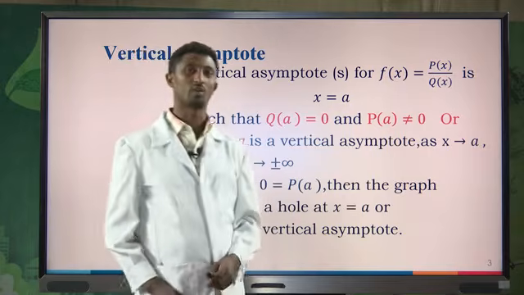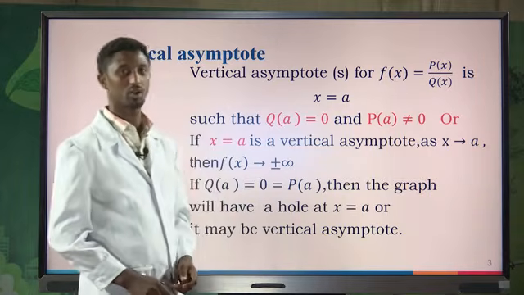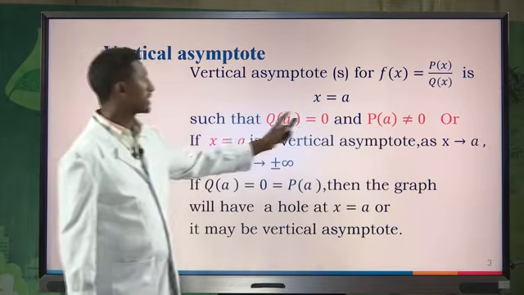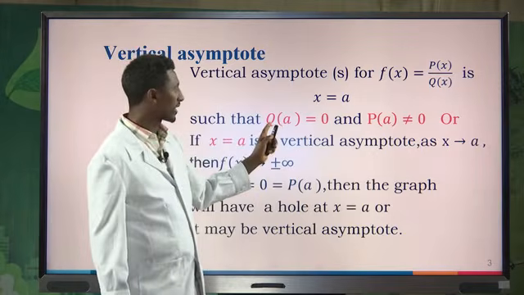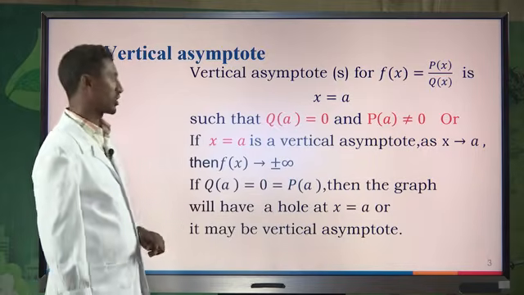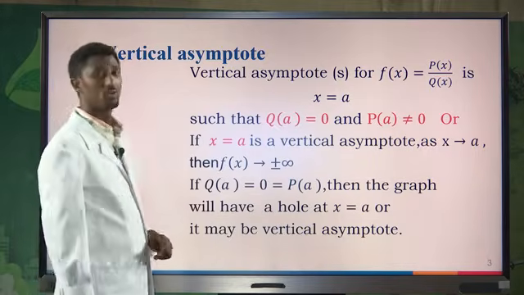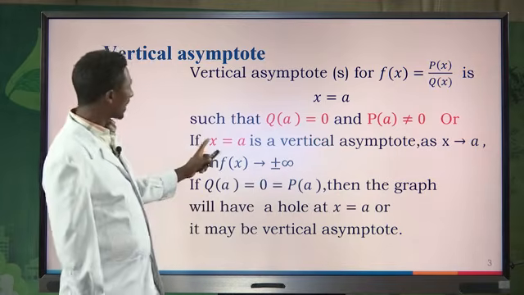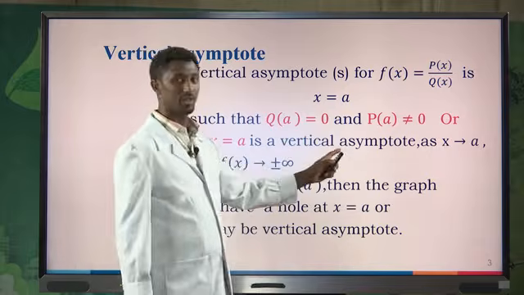Meaning, for x equals a to be a vertical asymptote of a rational function, p of x must be different from 0 and q of x must necessarily equal 0. If it satisfies this condition, the line x equals a is what we call a vertical asymptote.